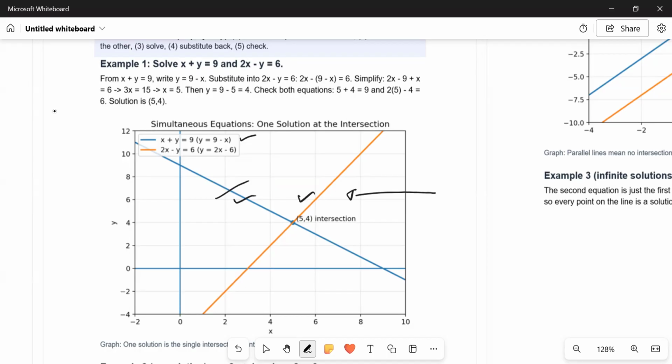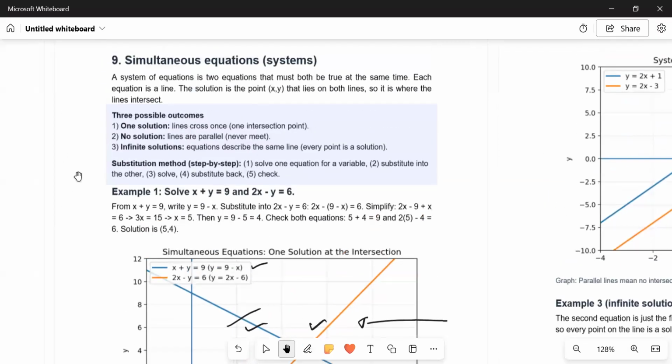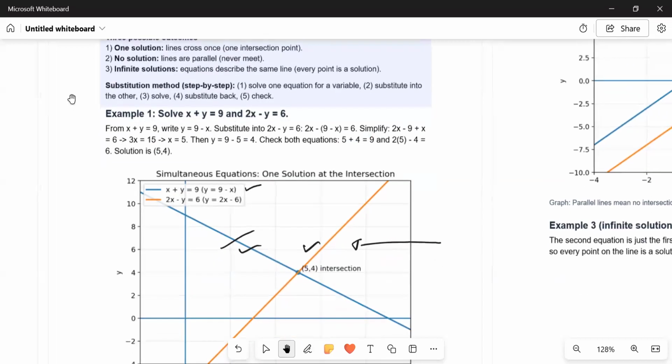Okay, so when we have two equations, but there is a single solution that works for both of the equations, we call them simultaneous equations. Okay, and how do we find it? Let us solve this.